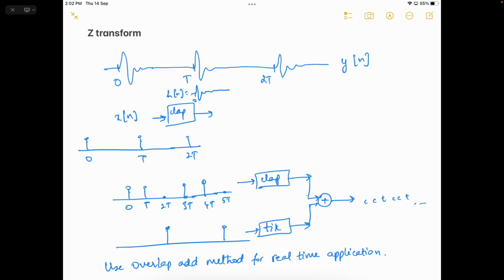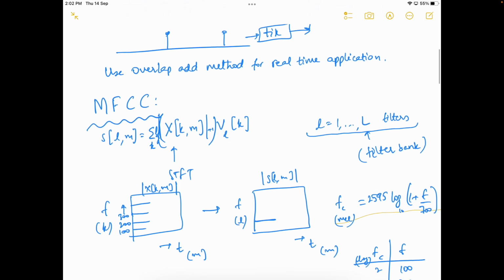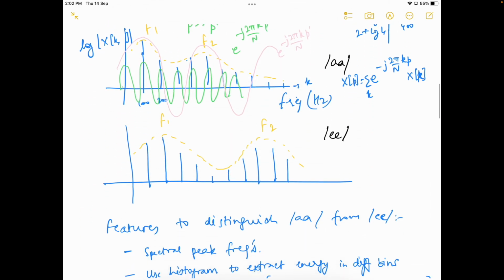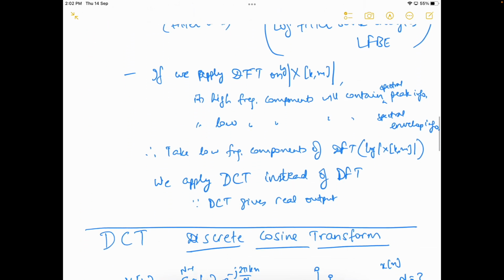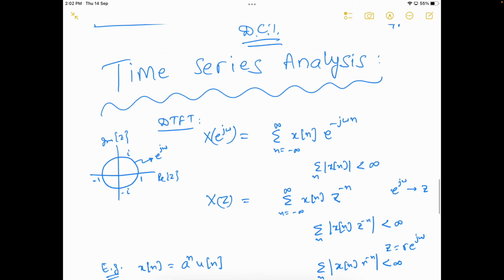So we are reading about Z transforms. All of you know now what Z transforms are. We saw MFCCs, we saw discrete cosine transforms last time, and finally we came to time series analysis. Just a quick recap on the important concepts. We have three things. One is the DTFT, which is X of e to the power j omega, where e to the power j omega lies on a unit circle in the complex plane.